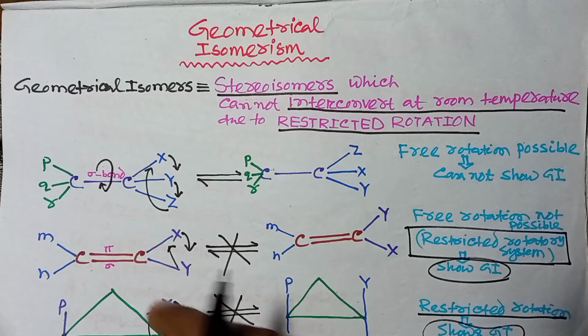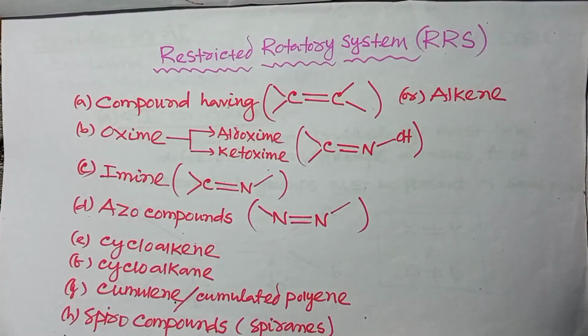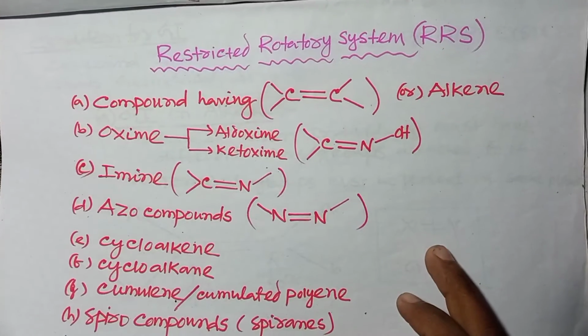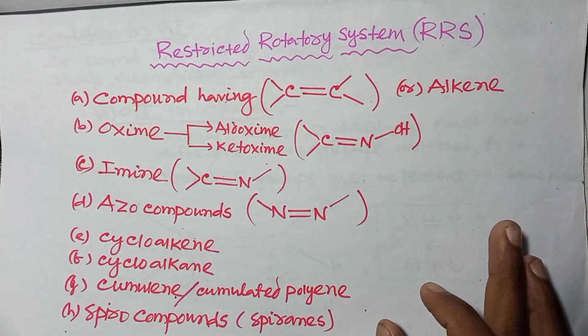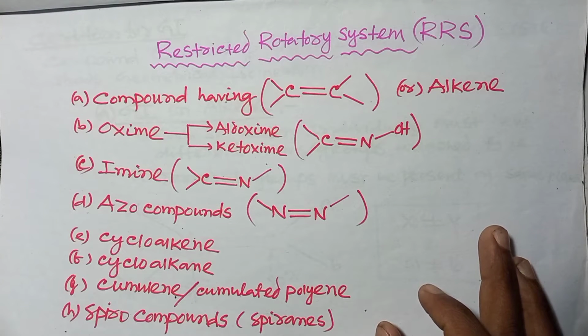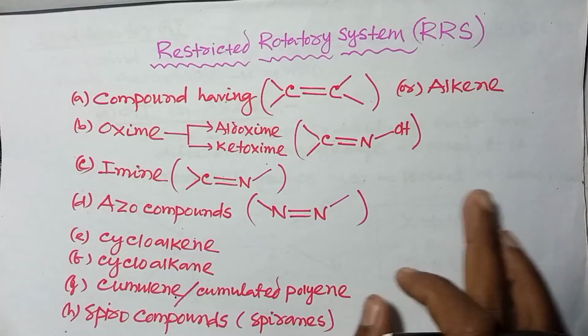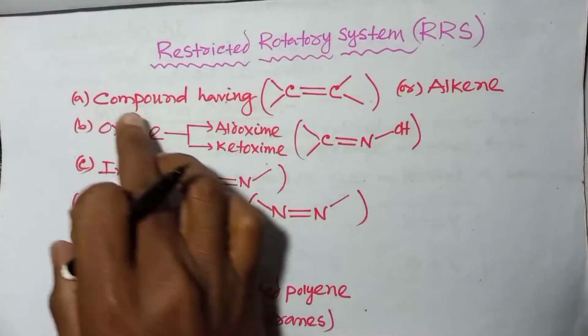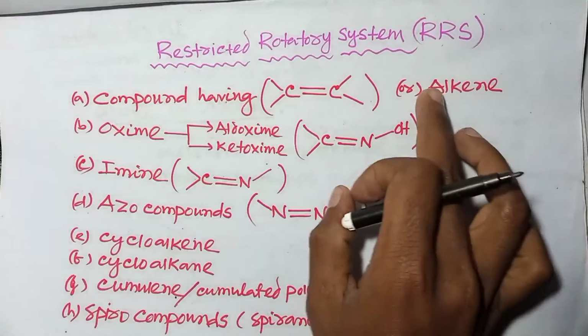So let's see what the restricted rotatory systems are. Here are some examples. In order to show geometrical isomerism, the compound should contain a restricted rotatory system. Option A, a compound having a double bond, that means alkene.